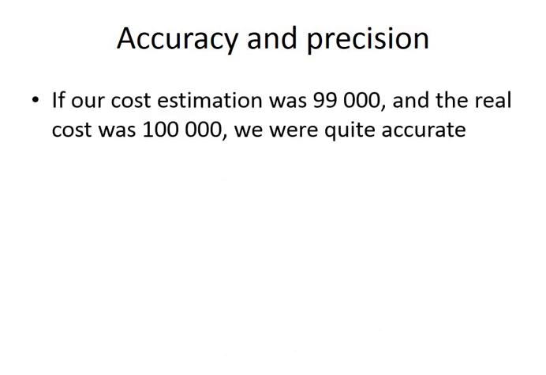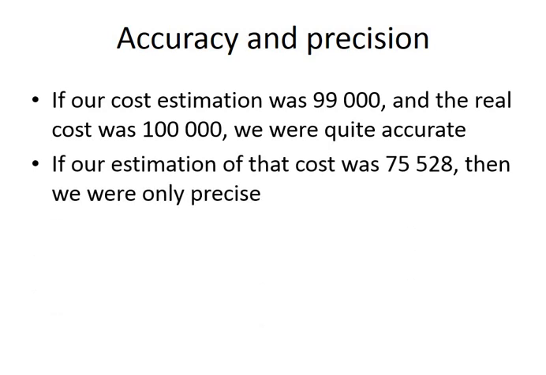Another little thing to think about is the accuracy of our estimations. I mean, we can estimate cost this way or that way, plus minus 1,000, but it is not that important if we say that it is going to be 99,000 or 100,000.